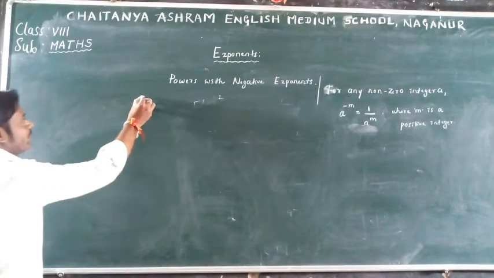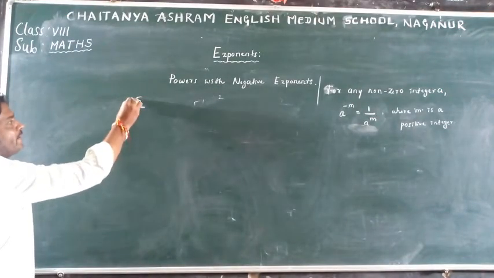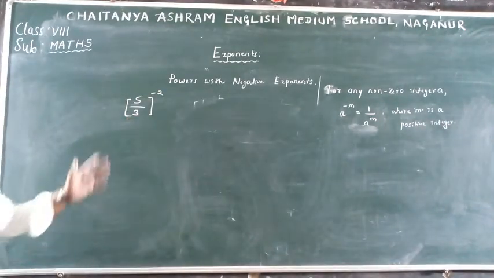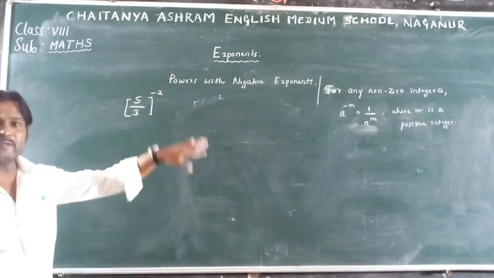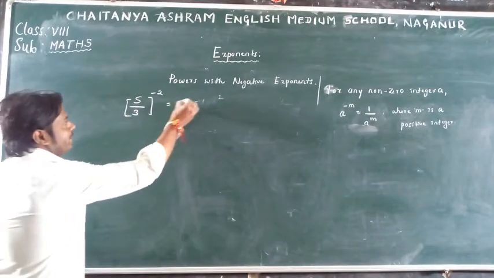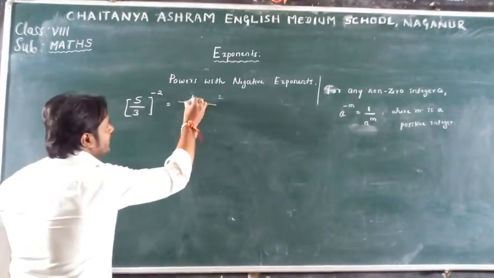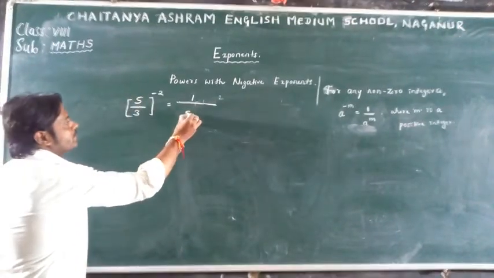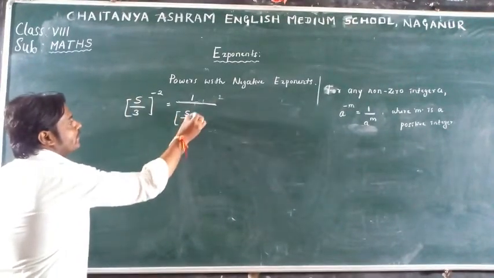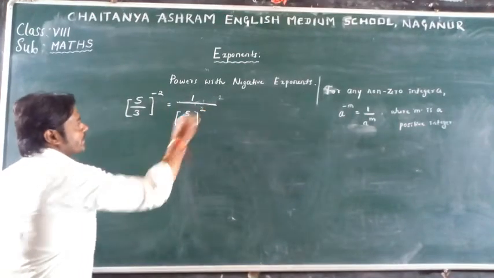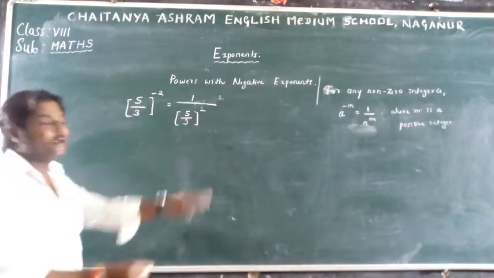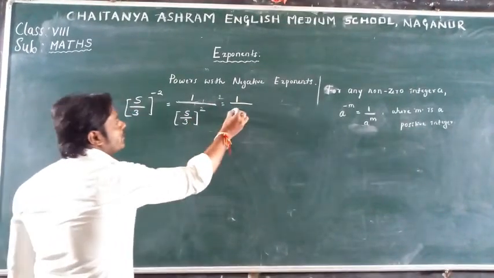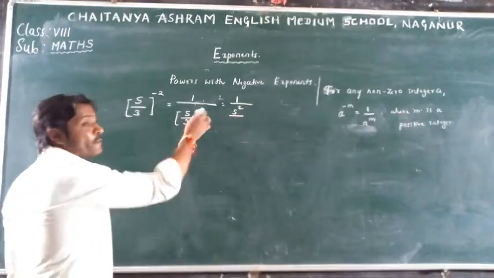Consider another example. 5 divided by 3 raised to the power minus 2. To convert it in positive exponents, write 1 in the numerator. In the denominator, write the whole exponent 5 by 3 with positive power. Again simplify it. 1 divided by 5 to the power 2 by 3 to the power 2, by reverse process of fifth law of exponent.